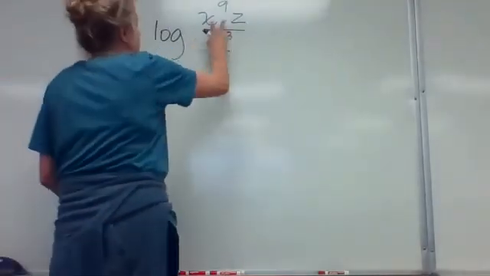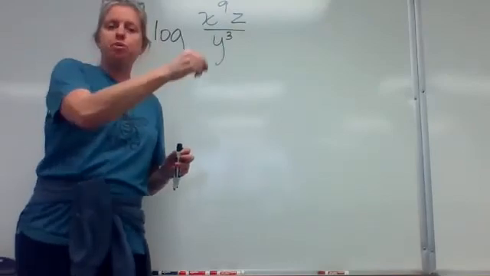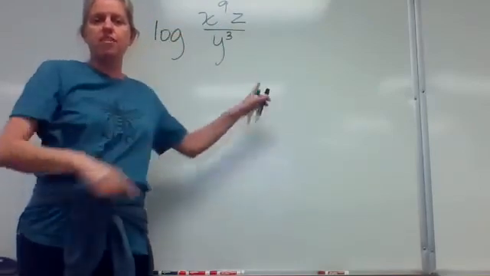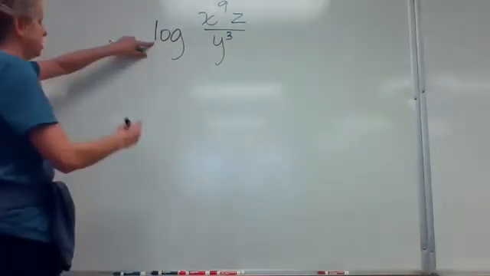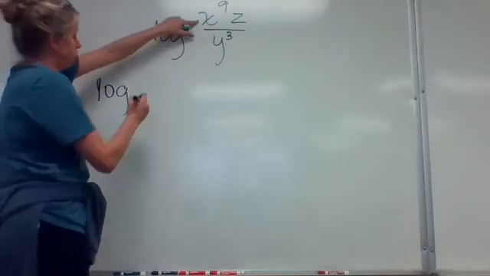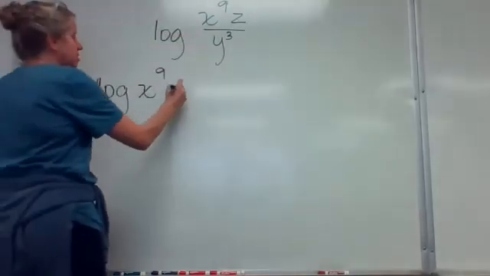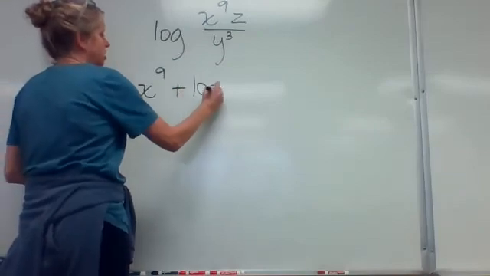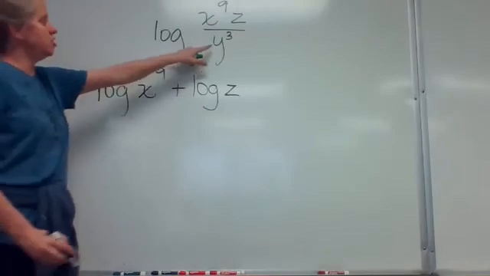Remember, when I put this into multiple logs, it's going to be plus the numerators and then minus the denominator. So the first thing I'm going to have is log, my first numerator is x to the 9th, plus log, the next one is z, then your denominator.